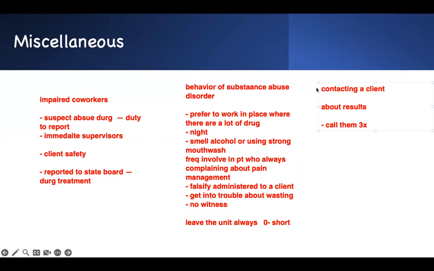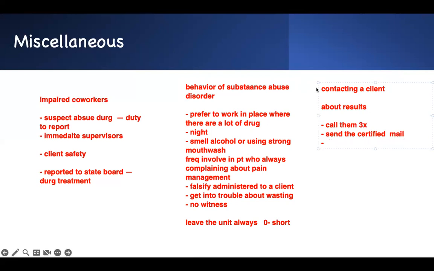If the client is not on the phone, call 3 times, on 3 different days or the same day. After 3, you don't give the message to the husband, it's a privacy issue. After 3 times, if you don't hear from them, send certified mail to confirm that they received it, because with certified mail you get confirmation that they received it.